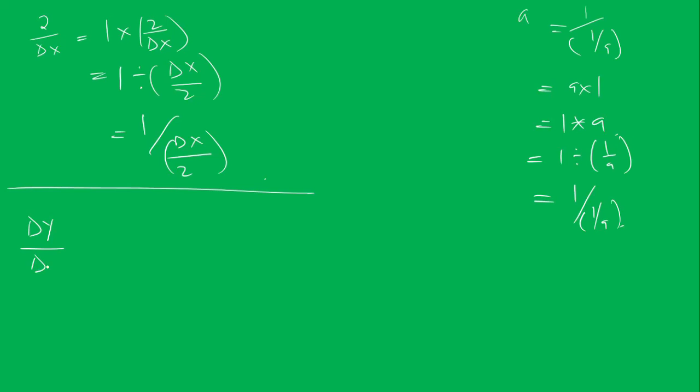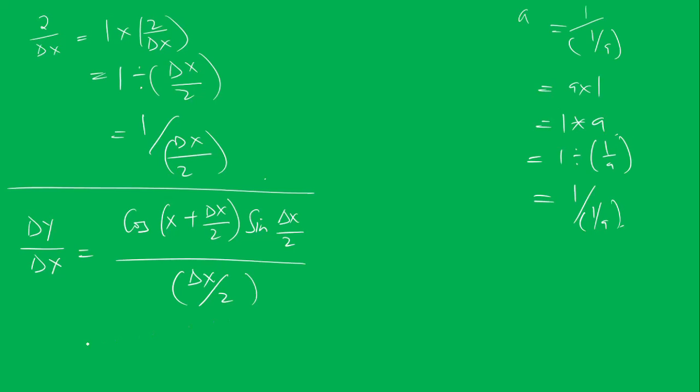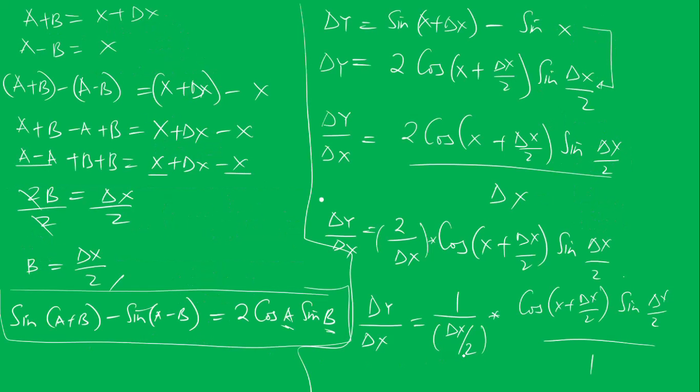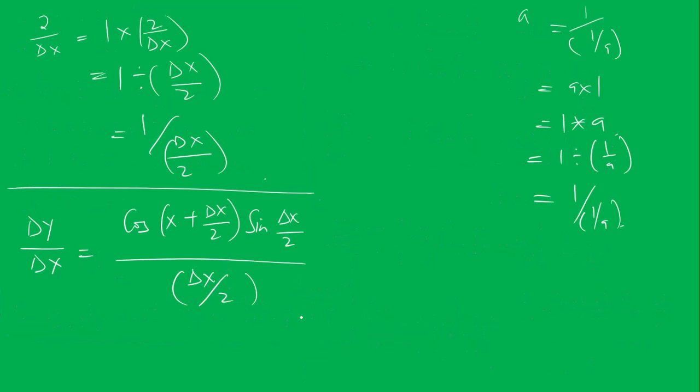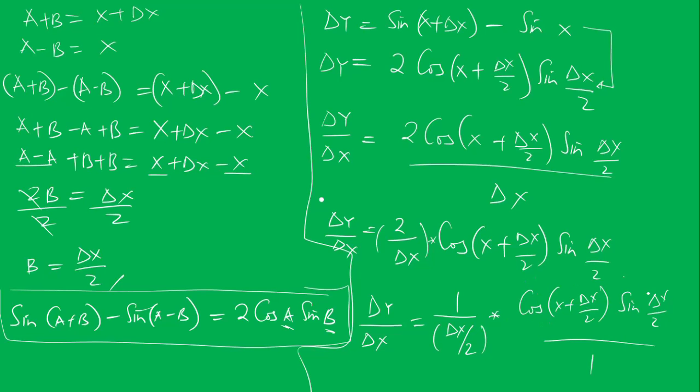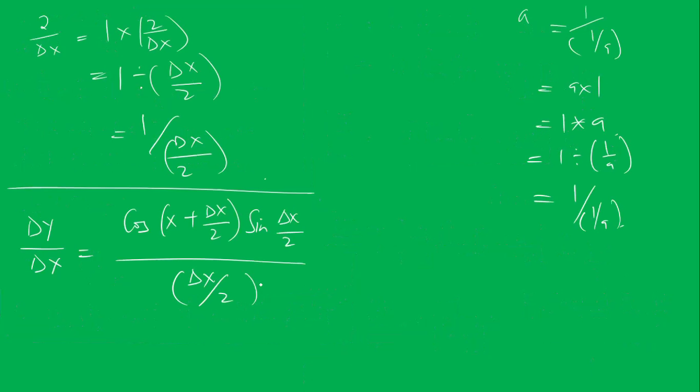Delta y all over delta x is equal to cos x plus delta x all over 2 sine delta x all over 2 all divided by delta x all over 2. So it now boils down to this, because this expression, which is delta x all over 2 times 1, will give you this, while 1 times this whole expression here will give you this. So that is what we come to.